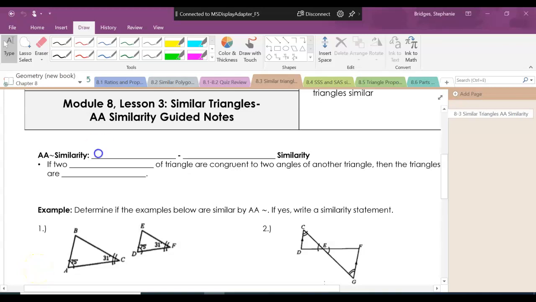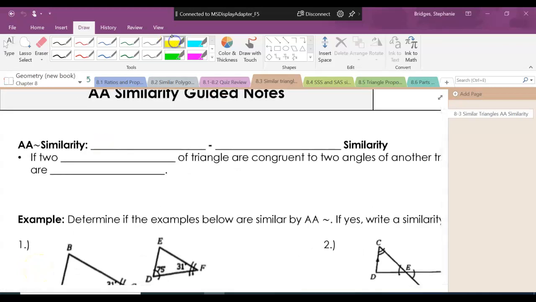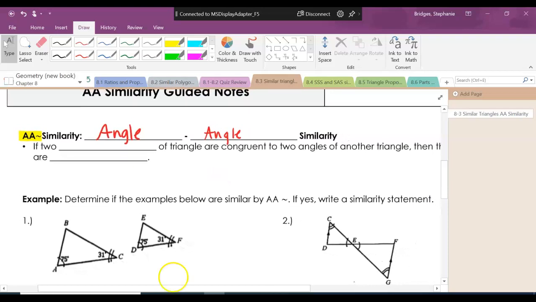Okay, so again, the abbreviation for it is what you see right here on the top of your paper, AA similarity. Okay, the AA with the little similar symbol. And what that says is it says that angle similarity says if two angles of one triangle are congruent to two angles of another triangle, then my triangles are similar.